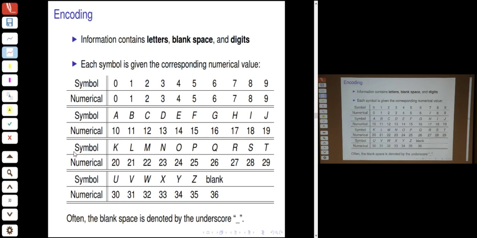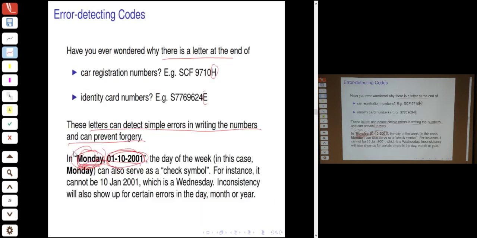So, this is a very simple example of encoding. There is a certain date which I want to refer to. This date I encode as a number tagged along with a word.